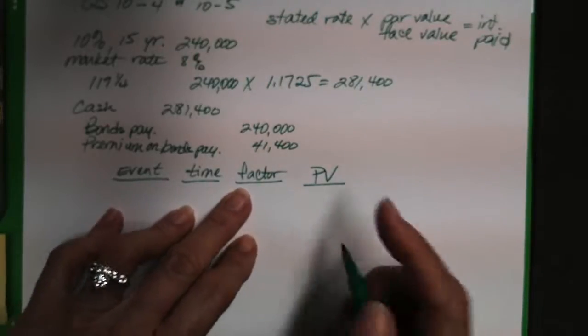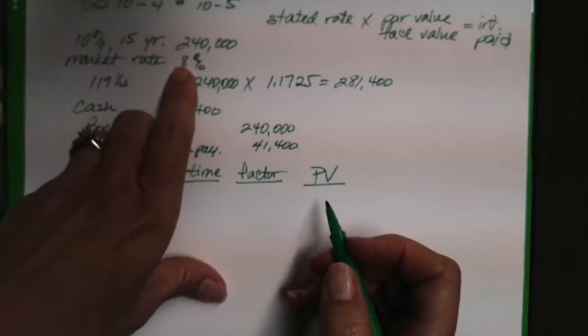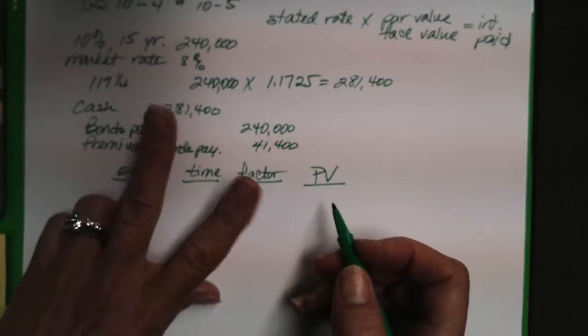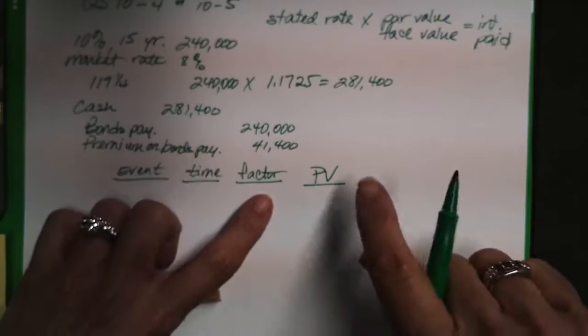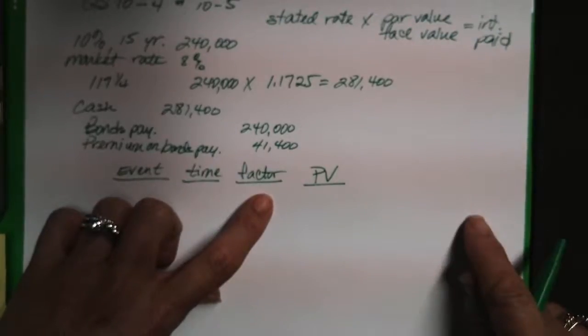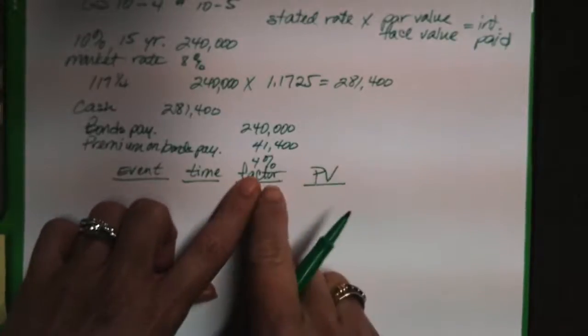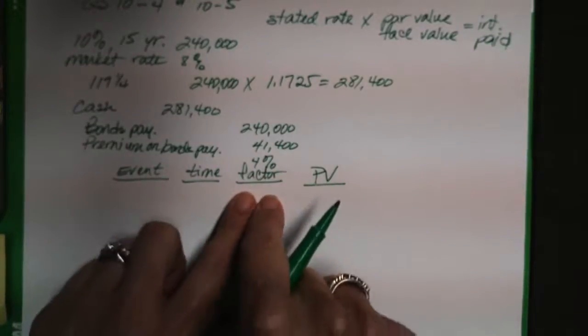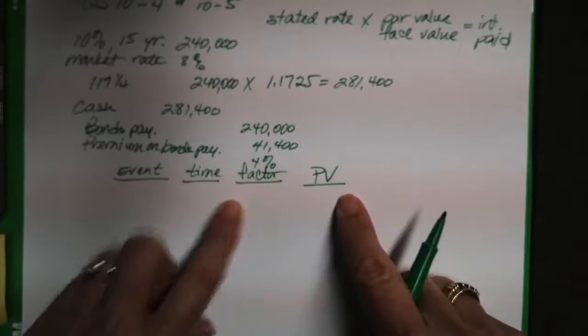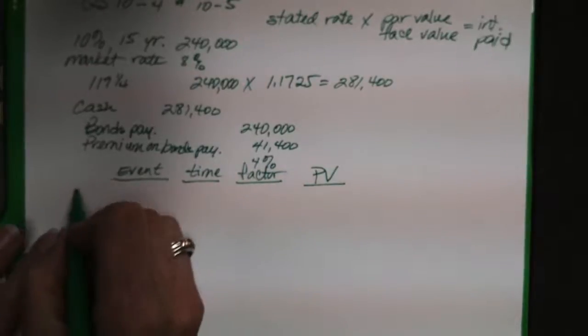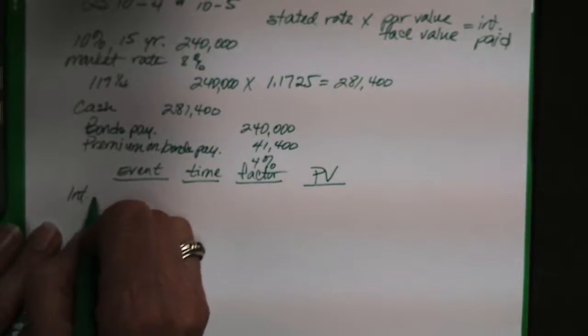But the idea is that if the market rate is 8%, but we pay twice a year, then you get 4% twice a year. Okay, so we're going to use 4% as our market rate to find the present value of the interest payments.